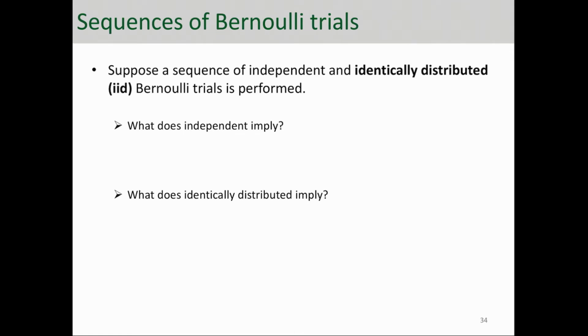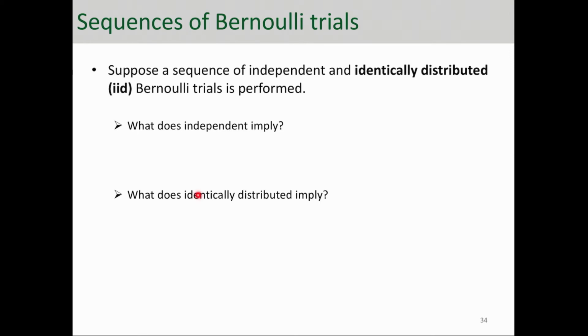And there is something special about this sequence of Bernoulli trials. They are independent and identically distributed Bernoulli trials. What do they mean, independent and identically distributed Bernoulli trials? Well, independent means the outcome of one Bernoulli trial does not influence the outcome of another trial.